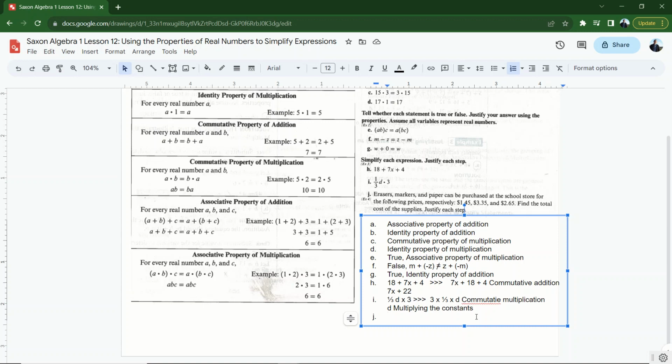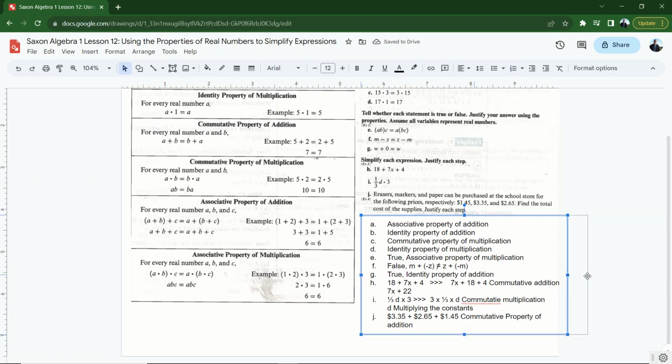I'm going to do $3.35 plus $2.65. I'm still going to have to add to that $1.45. And this is the commutative property because I wrote it in a different order. Now I'm adding three things together.